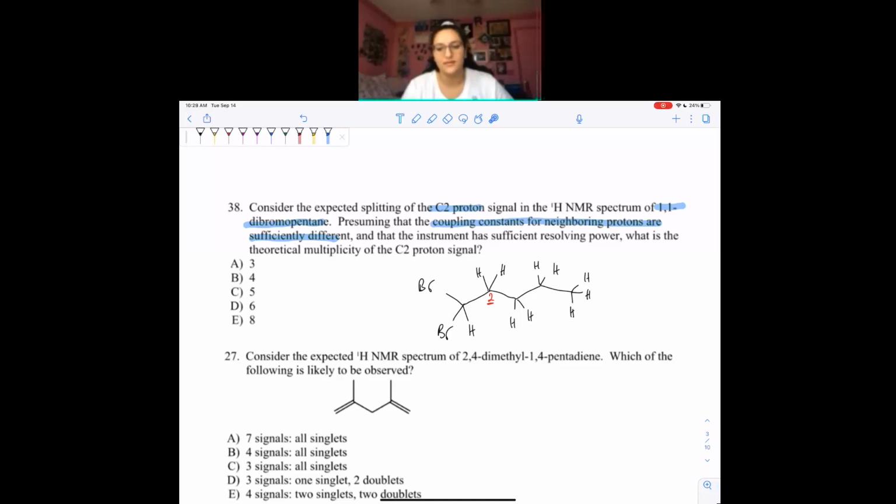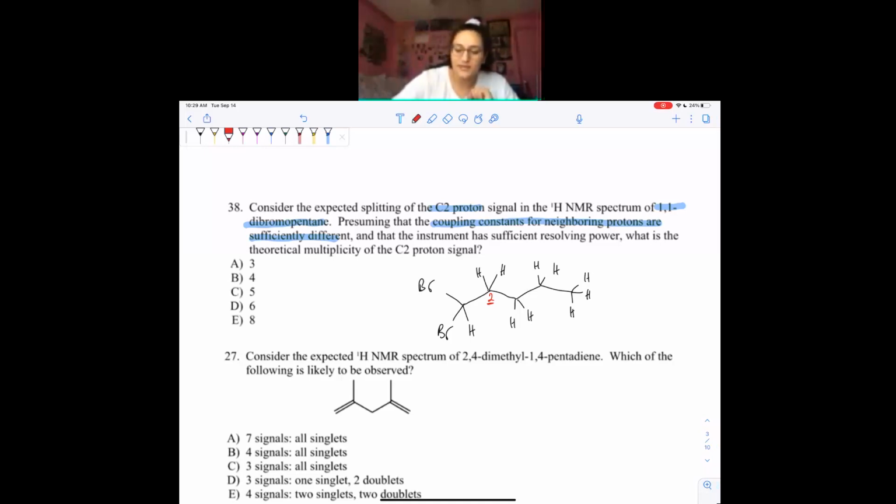J value just has to do with neighboring protons and splitting, whereas shielding is more like chemical shift, things like that. Essentially all he's saying is that the coupling constant is different, so we're going to pretend that we have complex splitting here. Yeah, exactly.